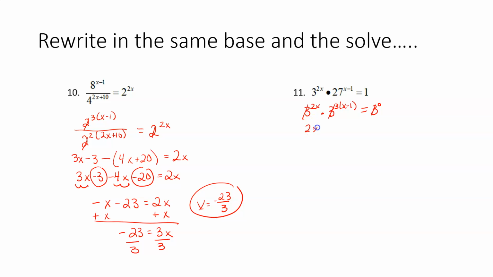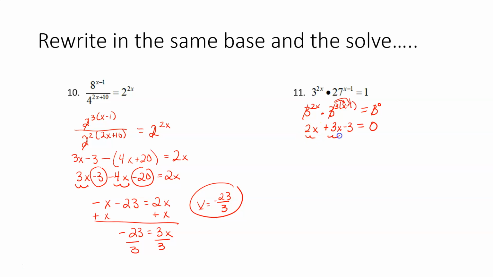So we're going to take 2x plus 3x minus 3 equals 0. Okay? Because I'm going to take 3 times x and 3 times negative 1.